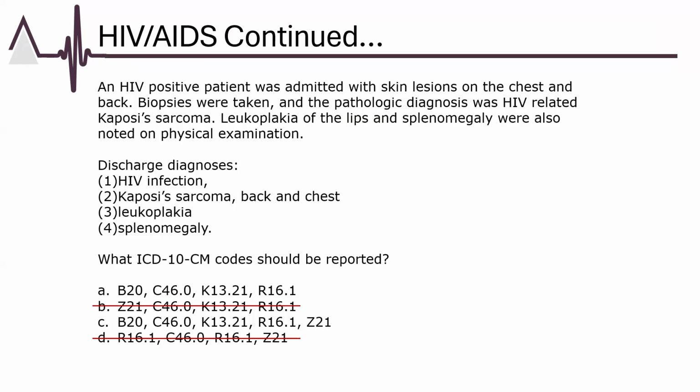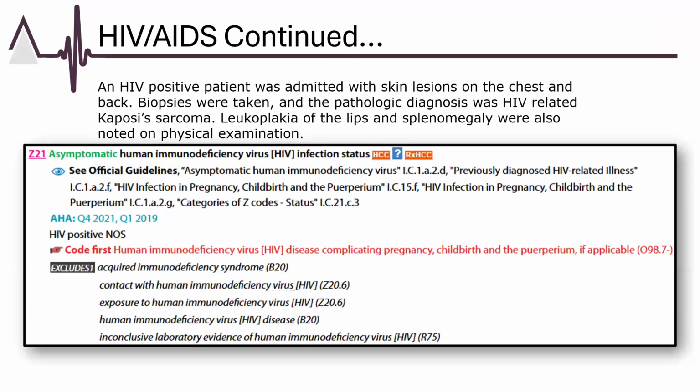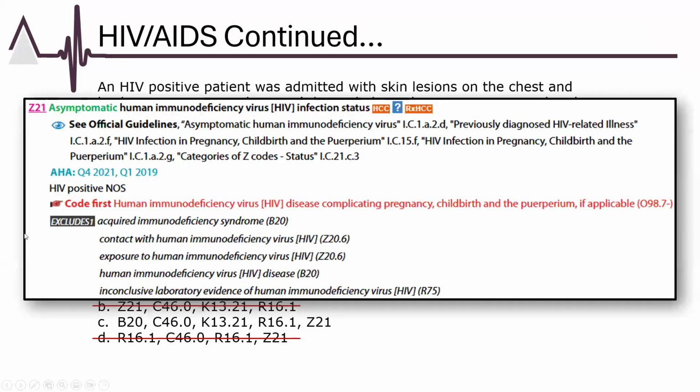When we review the remaining choices, the only difference is Z21 here at the end of C. Since that is the outlier, let's look it up directly to see if this provides us any clarification. And we can see here, this has an Excludes1 note of B20.